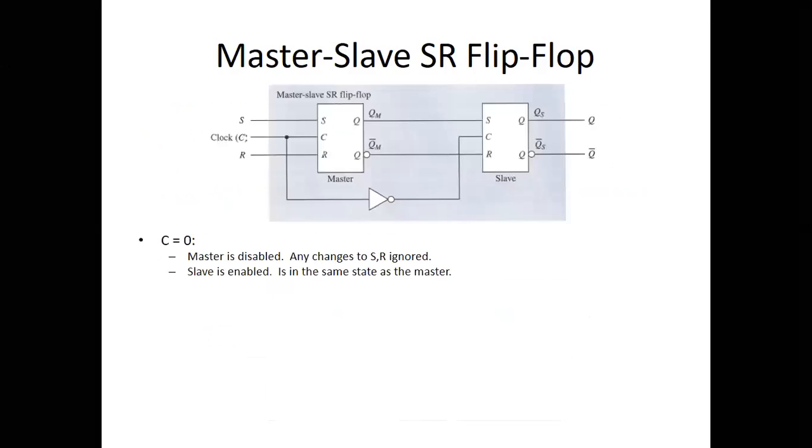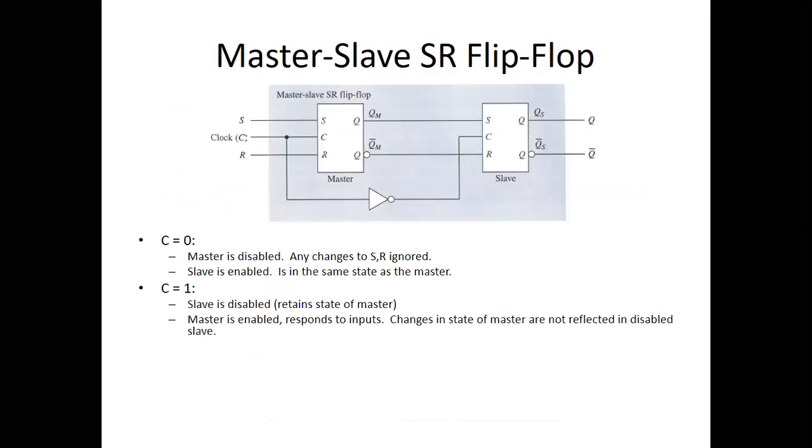So again, when clock is equal to 0, as we have already discussed, master will be disabled and slave will be enabled. When clock is equal to 1, slave will be disabled and master will be enabled, and the output is based on that.